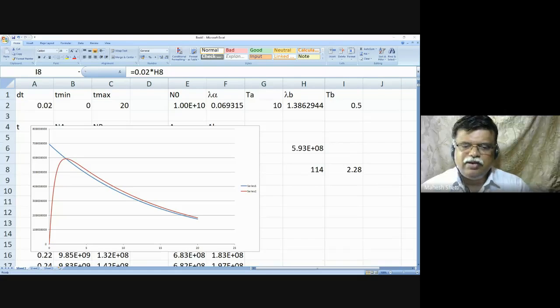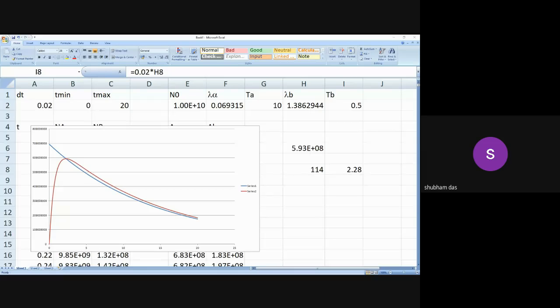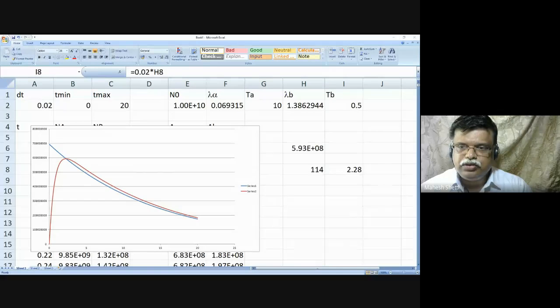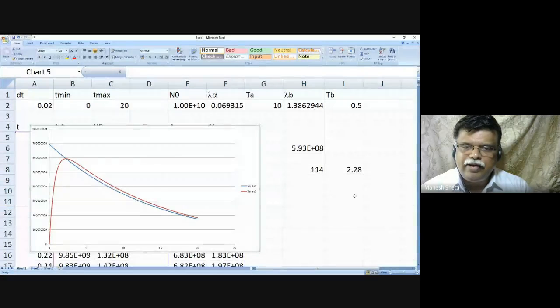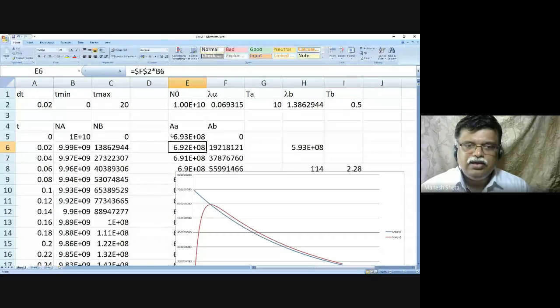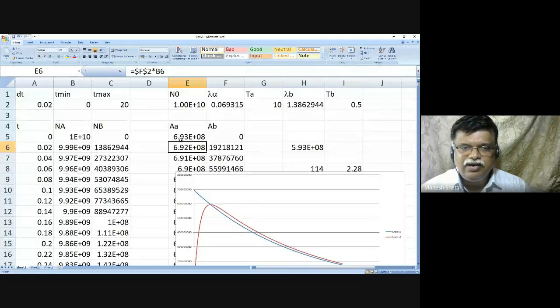Can you show the formula of activity once more? Yeah, sure, let me go back to that. Activity is just lambda into the number. Here, for example, to find the activity of A, it is $F$2, which is nothing but lambda A, multiplied by B6.